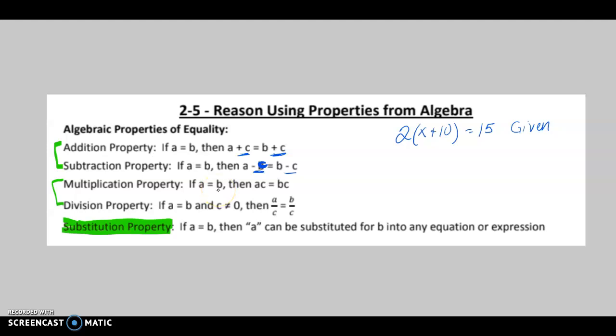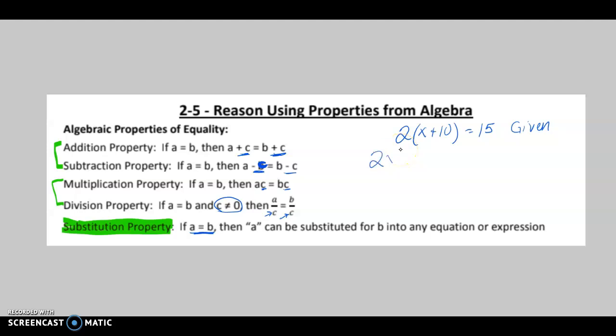Multiplication property of equality is where if you're given an equation, then you can multiply the same number on both sides of the equation. And again, the division property of equality, as long as what you're dividing by doesn't equal 0, then you can divide both sides of an equation by the same quantity. And then also, if you know that two quantities are equal to each other, you can substitute a value in for that quantity. So here's what that's going to look like.